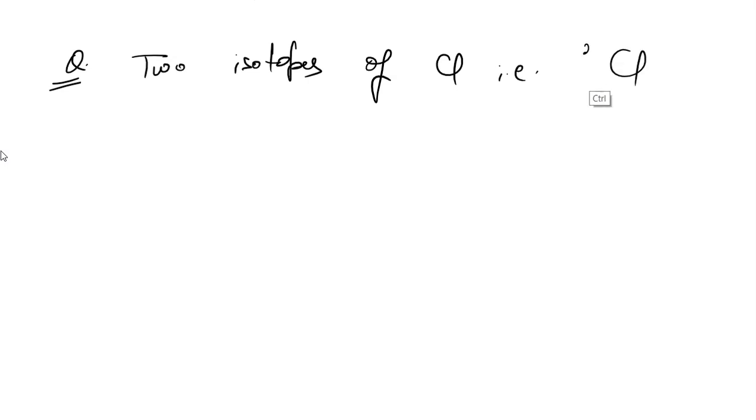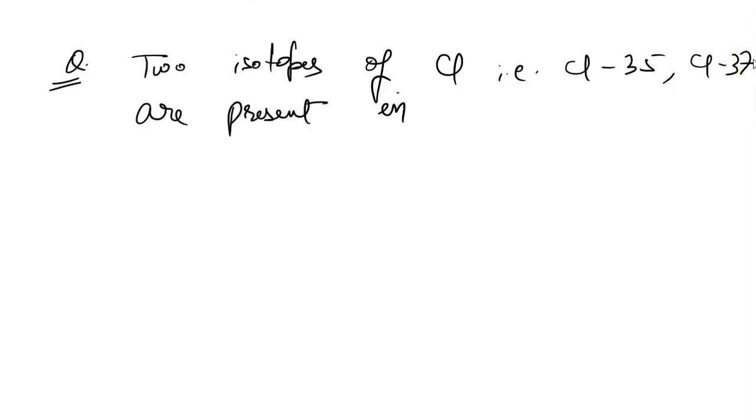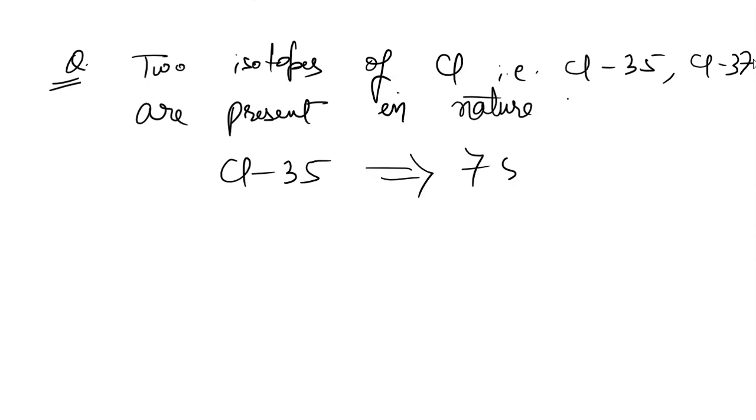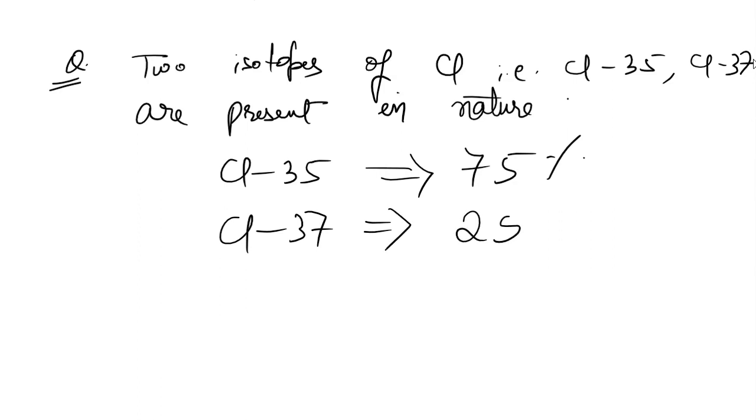Let us say the two isotopes of chlorine, Cl35 and Cl37, are present in nature. Cl35 is present 75%, and Cl37 is found in nature only up to 25%.